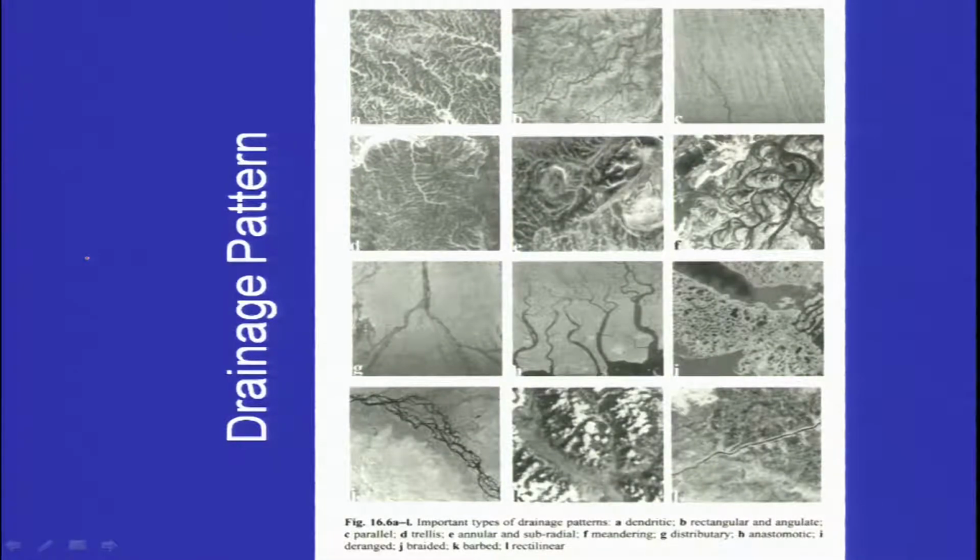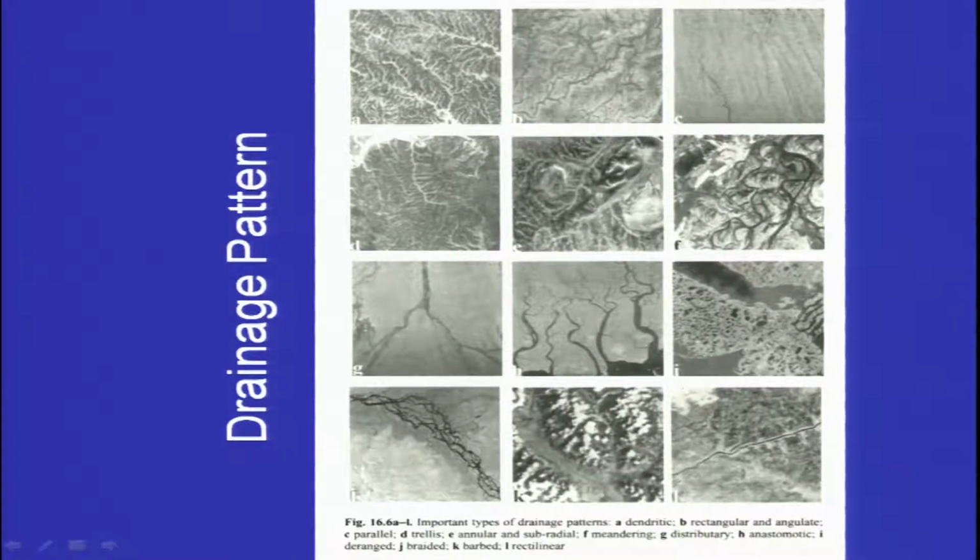Now, we discussed few drainage patterns, and here there are listed more. So, I request you to go through it, but few we have already discussed. And as I told, some of the drainages will indicate the lithology, either the area is comprised of homogeneous material, or it is flat lying, or it is fractured with a right angle.